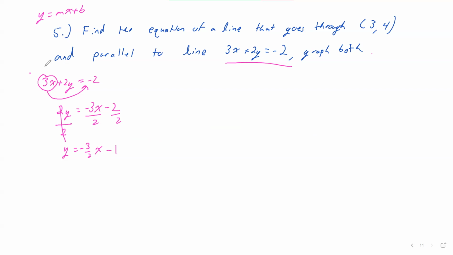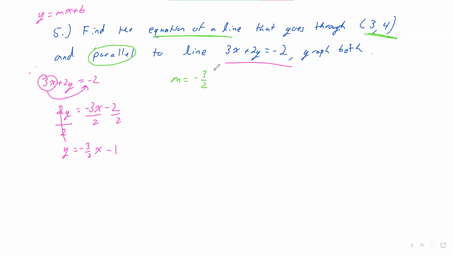All right, so now that we got that out of the way, if it is parallel, that means they have the exact same slope. So the slope of the line I have to produce that goes through this point will have a slope of what? What's my slope? Perfect.